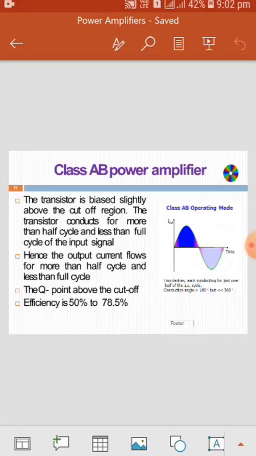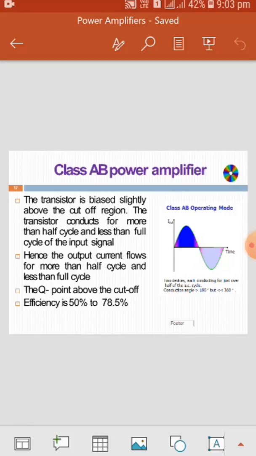Next, we will go with the class AB power amplifier. It is actually a combination of class A and class B power amplifiers. Class A operates for the full cycle, whereas class B is for half a cycle. So when we combine these two properties, we have a class AB power amplifier.